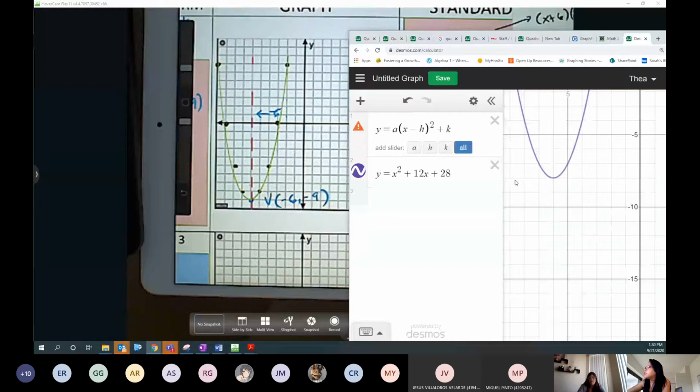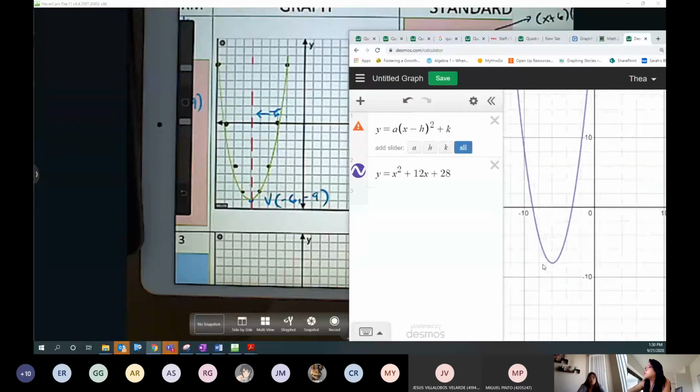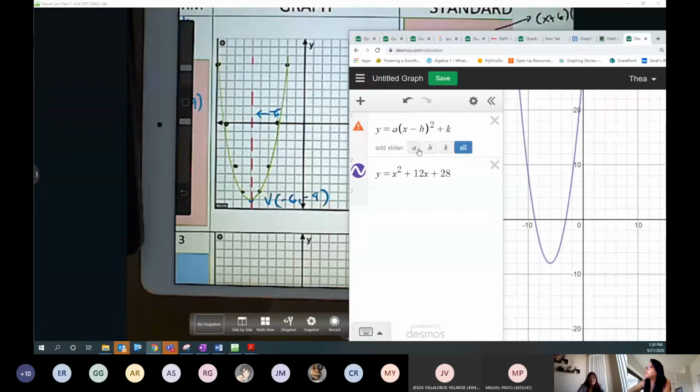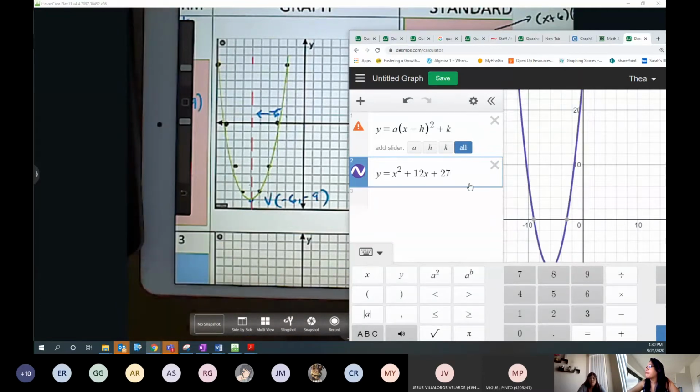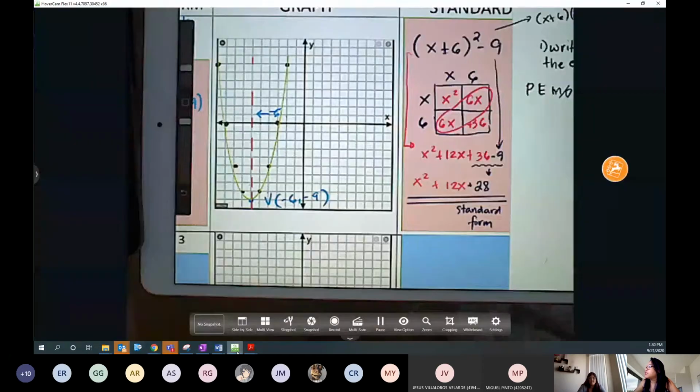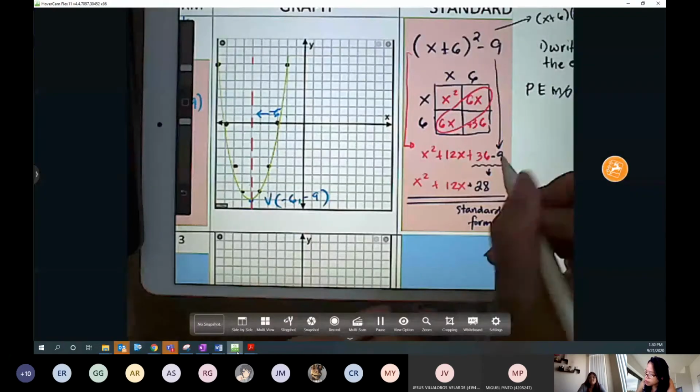All right. So I have this graph here. Okay, 27. This should be 27. So earlier I said 28. 36 minus 9 is 27.